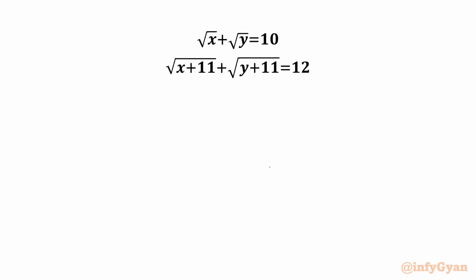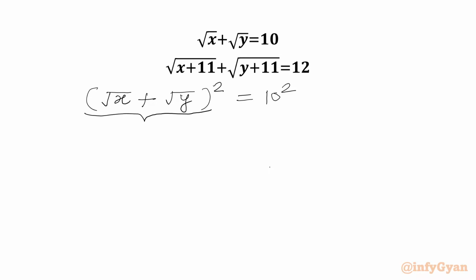Let's solve this question step by step. I will be squaring our first equation. So I will write here (√x + √y)² equal to 10². Now we are going to use the (a + b)² formula here.